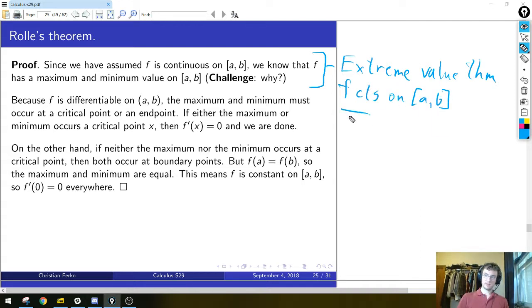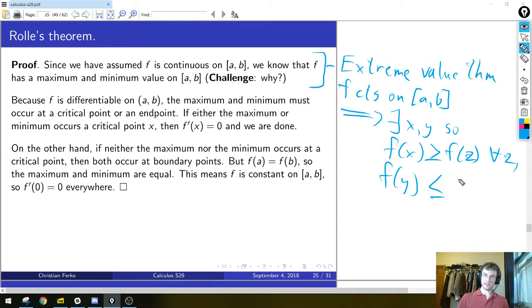Those are the assumptions. This implies that there exist x, y such that f(x) is the max, f(x) ≥ f(z) for all z, and f(y) ≤ f(z) for all z. This is the extreme value theorem.